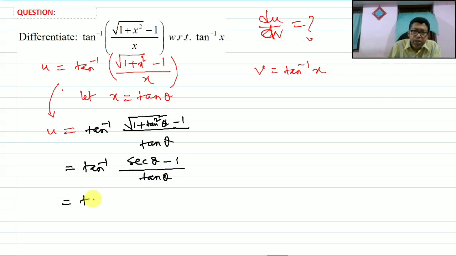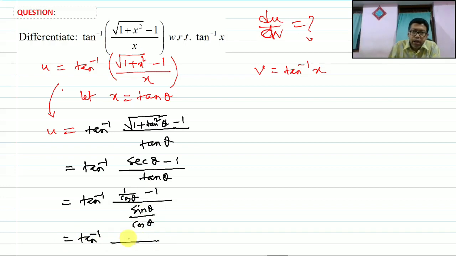The tan inverse stays as it is. Sec theta is 1 upon cos theta, minus 1, and tan theta means sin theta by cos theta. Make an LCM: tan inverse of (1 minus cos theta) over cos theta, whole divided by sin theta by cos theta.